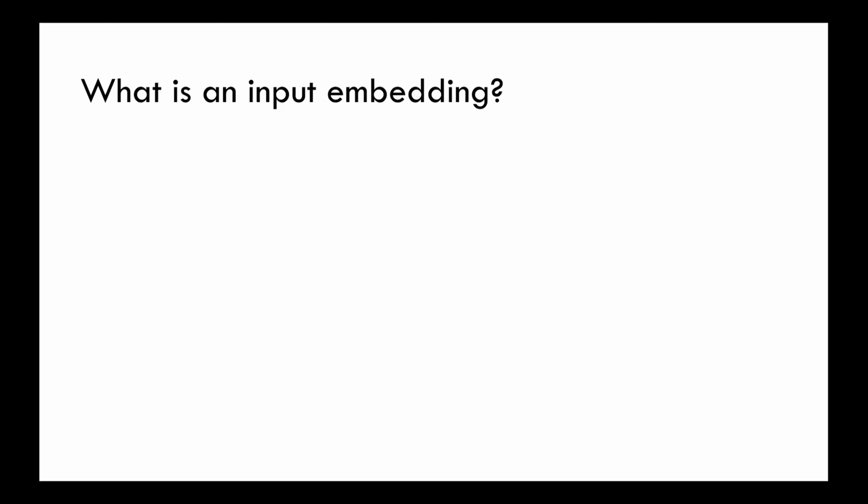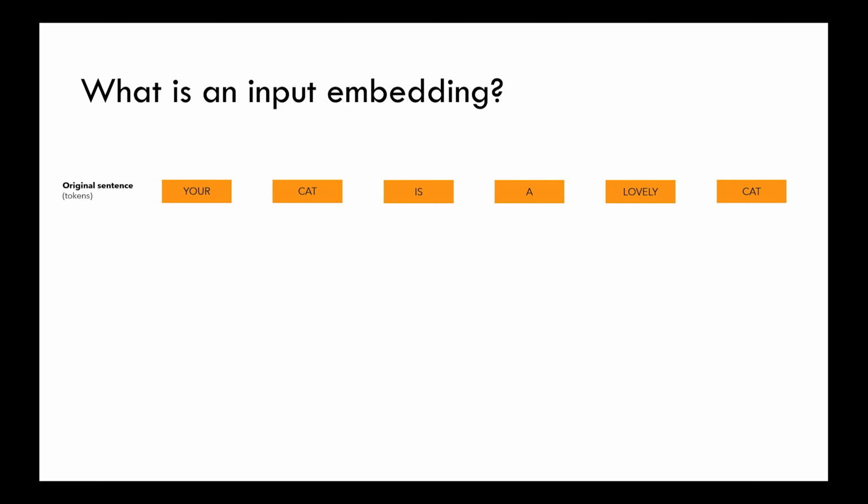What is an input embedding? First of all, we have a sentence. Imagine we have a sentence that is 6 words long: Your cat is a lovely cat. We split this sentence into words, called tokens, and we also have a vocabulary that contains all the possible words that our model can work with.